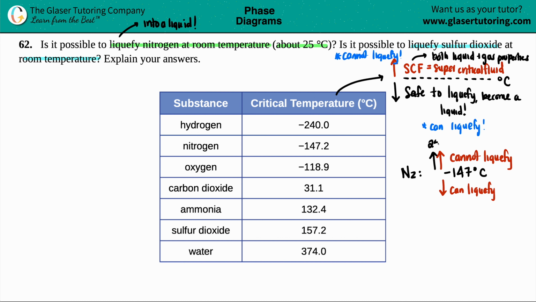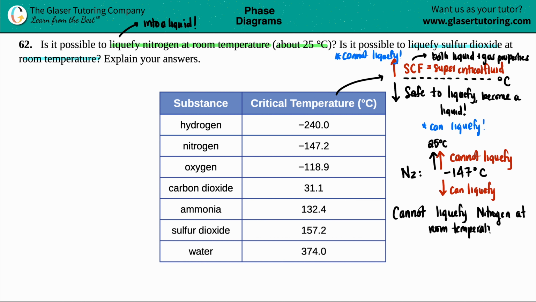And because of that, you cannot liquefy N2 at room temperature. Because at room temperature, nitrogen would be a supercritical fluid and not a liquid. So cannot liquefy nitrogen at room temp.